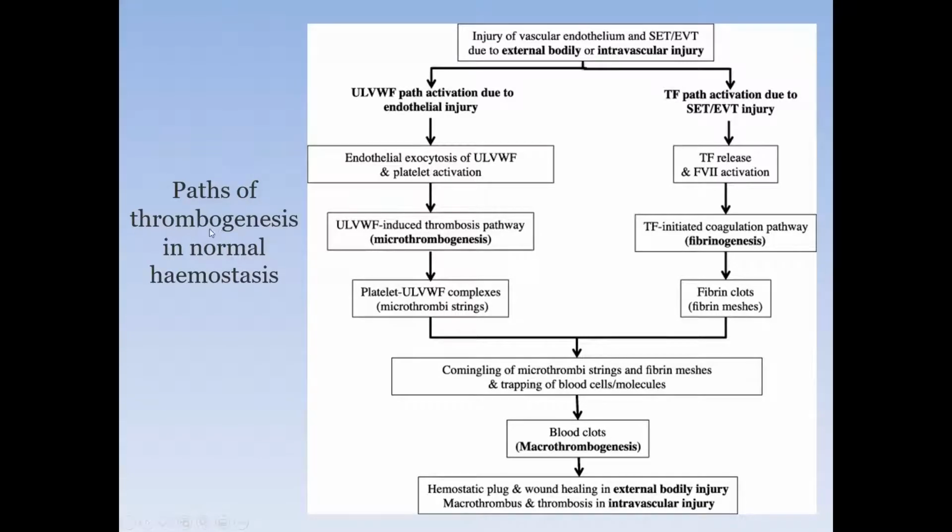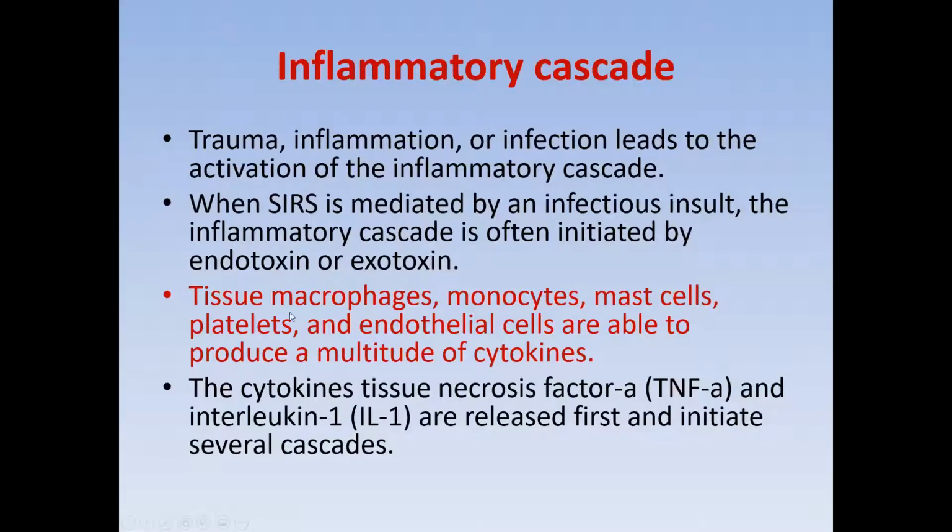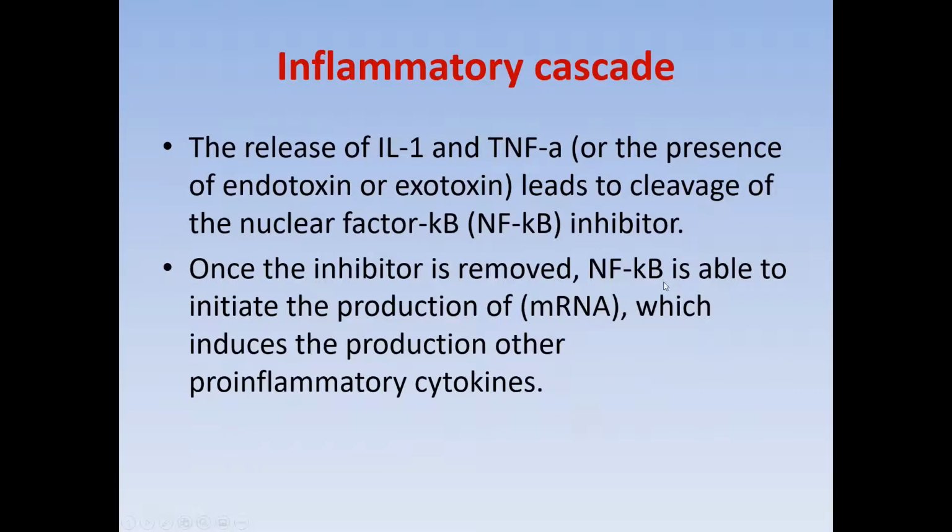This slide actually shows the path of thrombogenesis in normal hemostasis. I leave it to you to go through. VWF stands for von Willebrand factor. UL stands for ultra large, which is an abnormal type of von Willebrand factor that will lead to platelet activation and thrombogenesis. So inflammatory cascade, I leave this to you to go through.